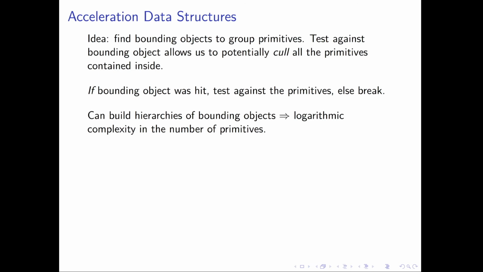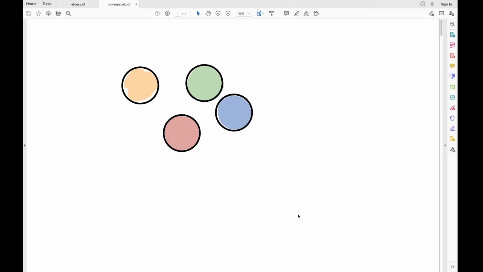For the discussion, let us consider this very simple scene here that is comprised of 4 spheres: the orange and green sphere and the blue and red sphere here. What we're after is an acceleration data structure, and we want to construct a hierarchical acceleration data structure. Like before, we already discussed BVHs, and a possible BVH for this scene could look like the following.